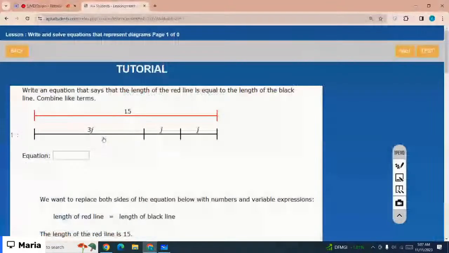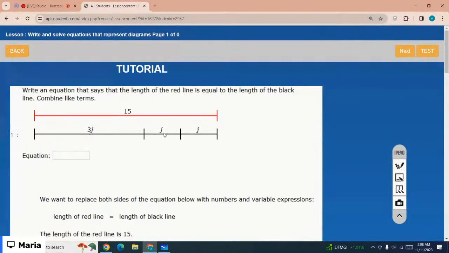Write an equation that says that the length of the red line is equal to the length of the black line. The red line is equal to 15. Now look at the black line. You have 3j, j and j.